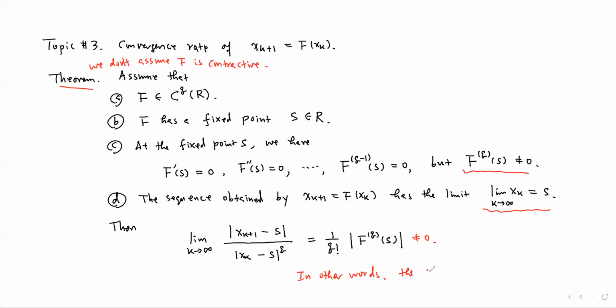In other words, the convergence rate of the sequence, not this method, is of order q. For this method, for some x0, the sequence may not be convergent.